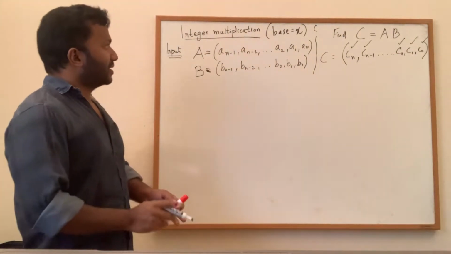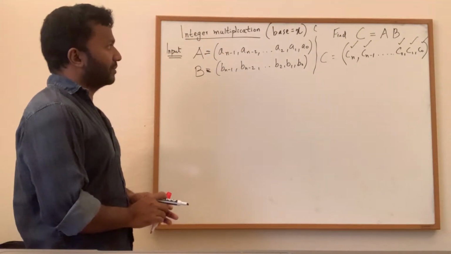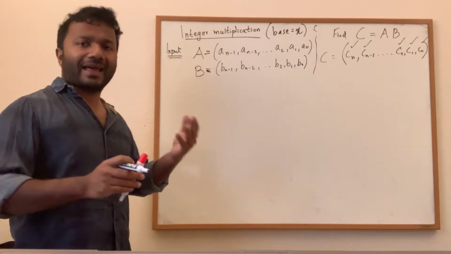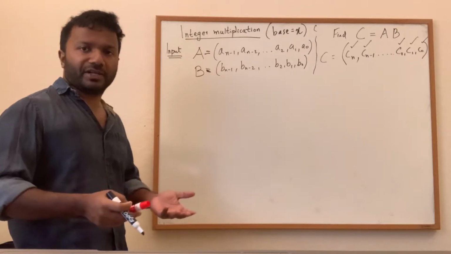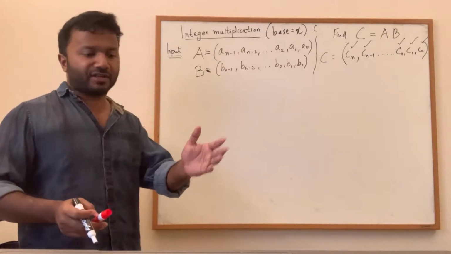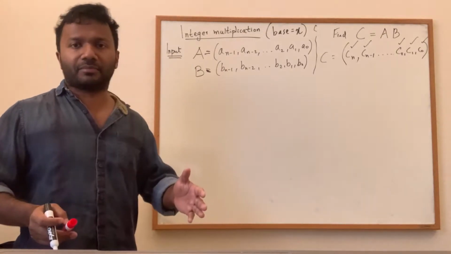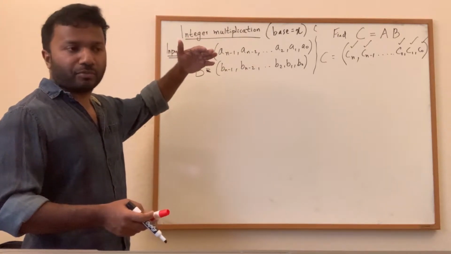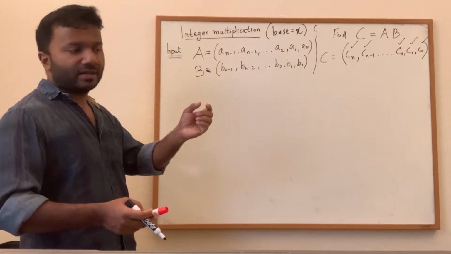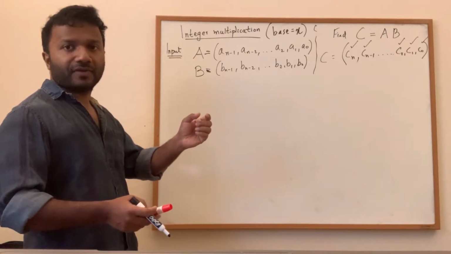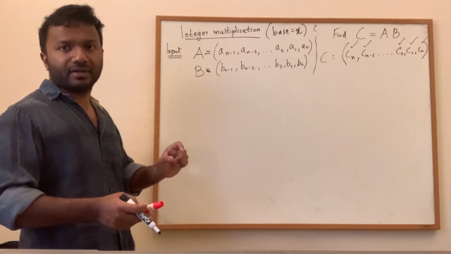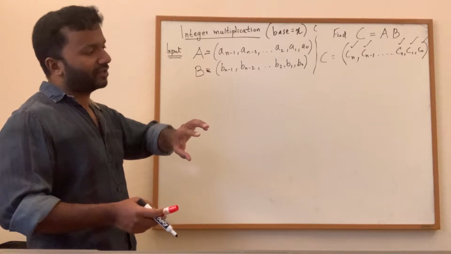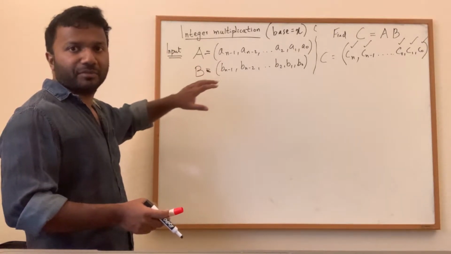Okay, so how to solve this efficiently? That's the question. One thing we have seen is the standard textbook algorithm for multiplication. Let's say we have a 4-digit number and another 4-digit number. How do we multiply? You write one on top of the other. You pick each digit from the second number, starting from the least significant one, and multiply that digit with every digit in the first number.